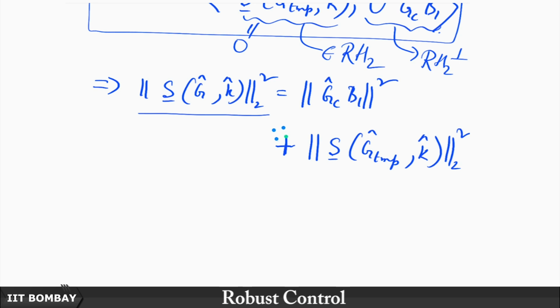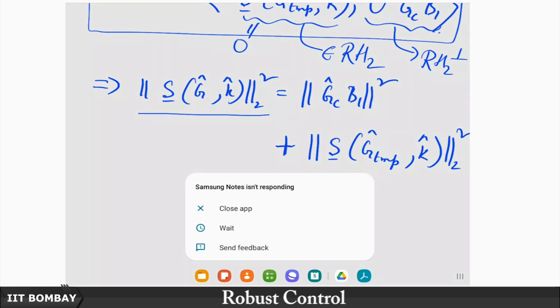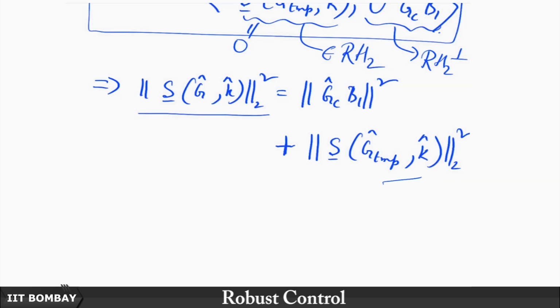So, the only thing that we can hope for is if we can minimize the second term in this equation, that is this star product of G temp, G hat temp with K, if we can minimize this one, then we will be able to get a handle over this problem, right.